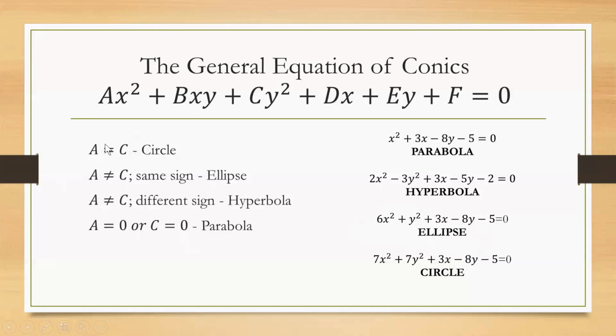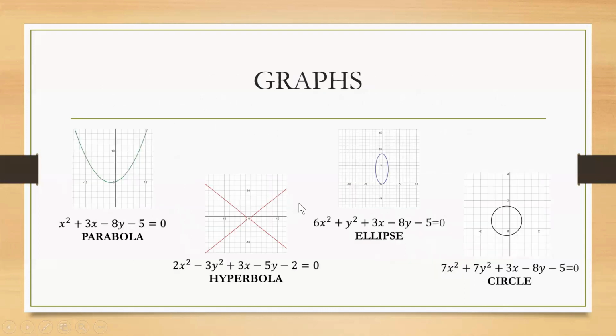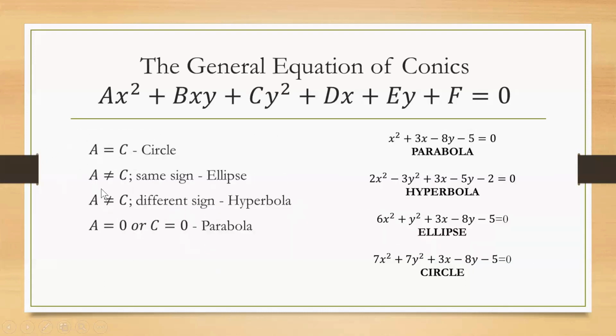Going back to our guide, if A and C are not equal but they have the same sign, then the equation is an ellipse. Our A coefficient is 6, while our C coefficient is 1. That's why it is an ellipse.